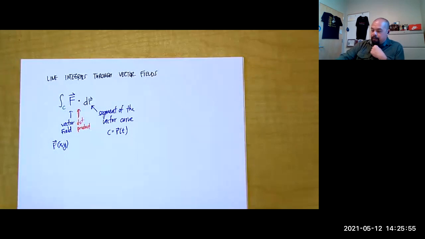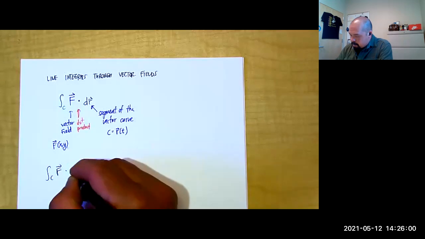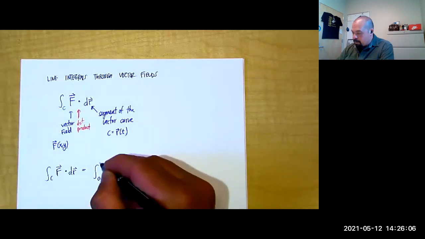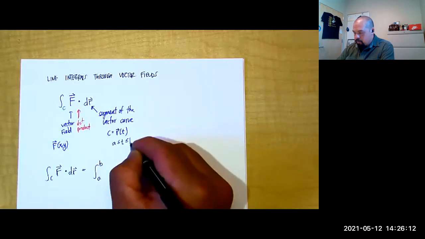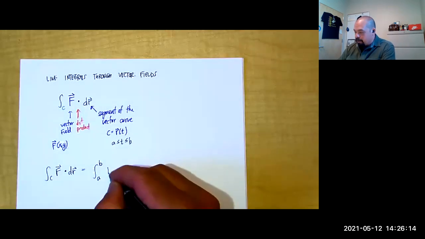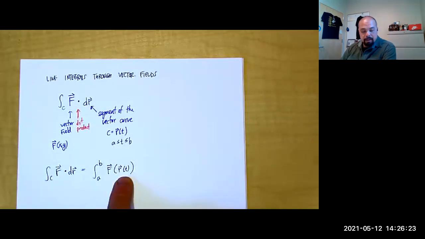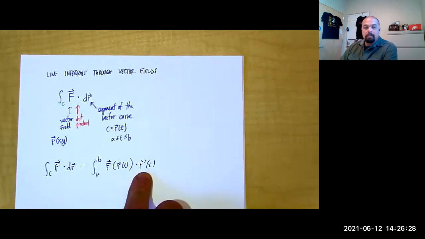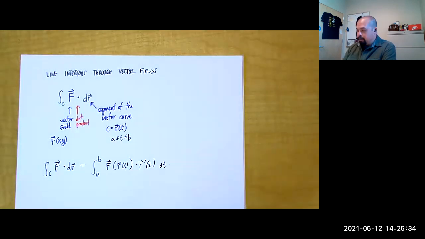And so what we kind of see with this integral, as long as we can parameterize that curve between a and b, we have our vector valued function, evaluate it at all these different points along our curve, dotting with this r prime, so taking that derivative of r with respect to t.